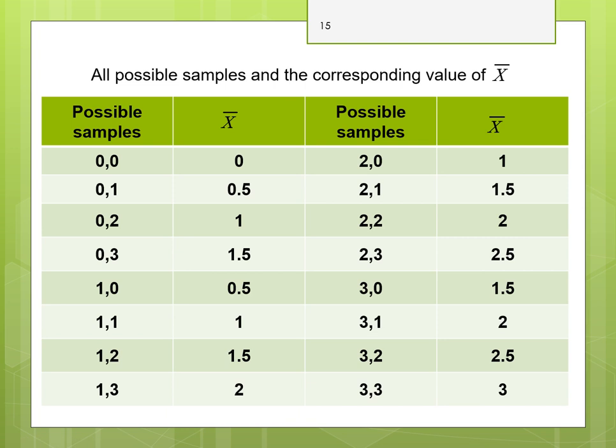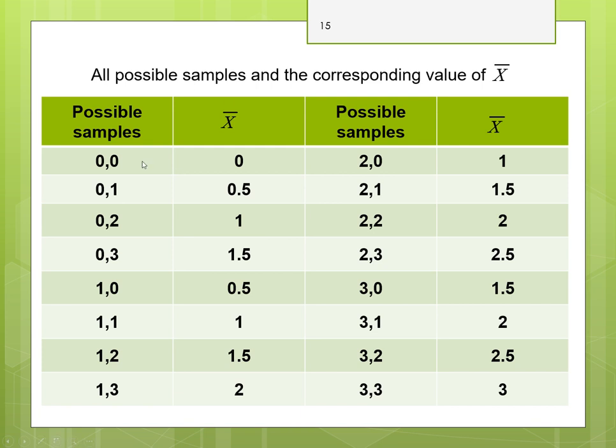So here, let's list all the combinations in this table. So we can find that we can get 16 possible samples, right? We choose 2 numbers from 4 numbers, and we can get 16 combinations. That means 16 possible samples.